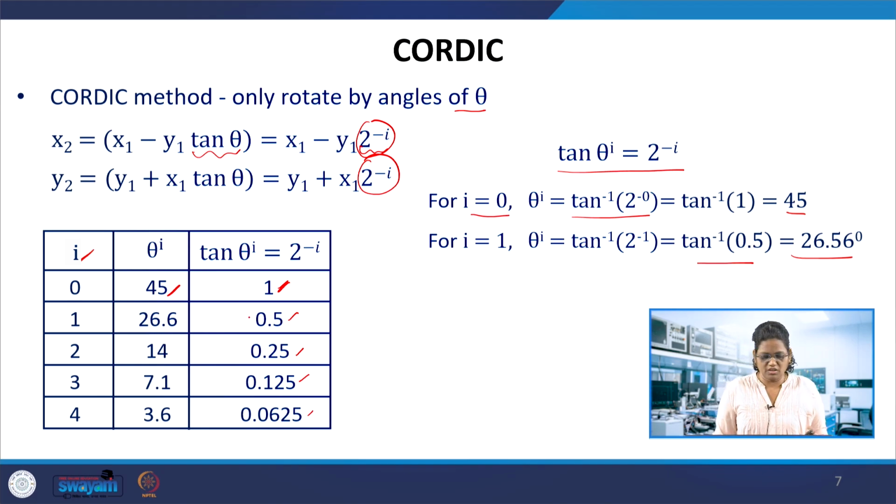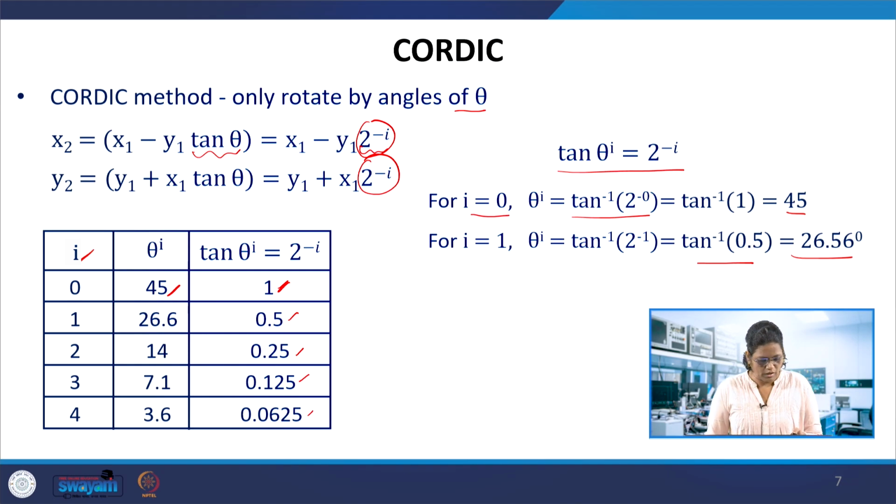Using the shift, instead of tan theta, we obtain x2 and y2 just with 2 power minus I. So x1 and y1 are multiplied by 1, 0.5, 0.25, 0.125 and so on as the iteration progresses. Now we have gotten rid of the tan theta computation, and it is only a shifting operation.